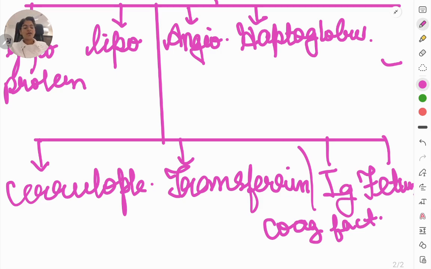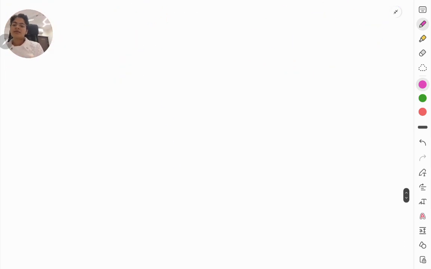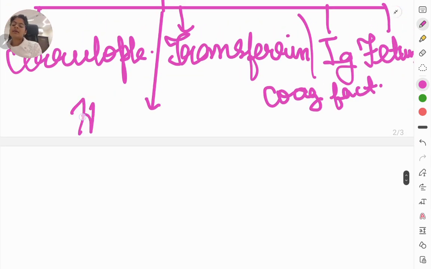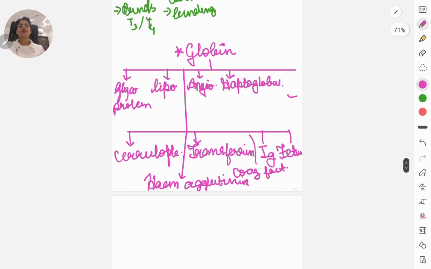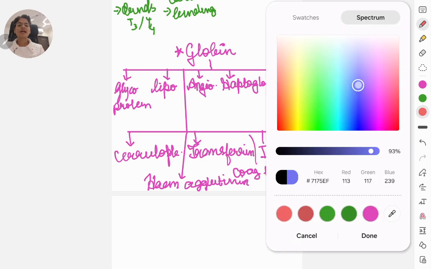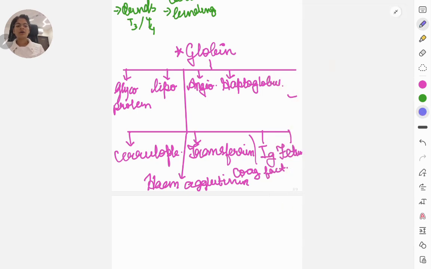And okay, I forgot one of them, that is heme agglutinin. Okay, so now let's find each of them in detail and know how it goes.